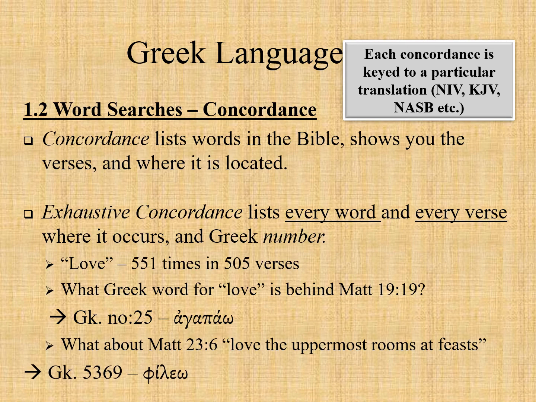And we would find out that it is a different word for love, and it is phileo, and the Greek number for that particular word is 5,369. So just because we have a particular English word, such as love here, it might actually be a translation of two or three different Greek words, or obviously any other word if another word is in English.